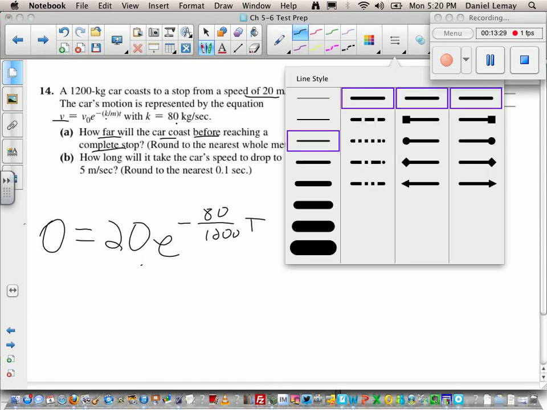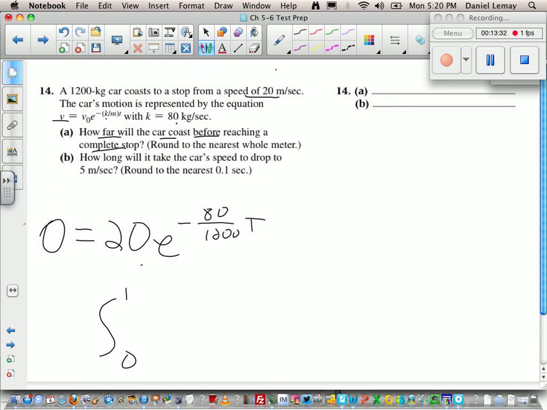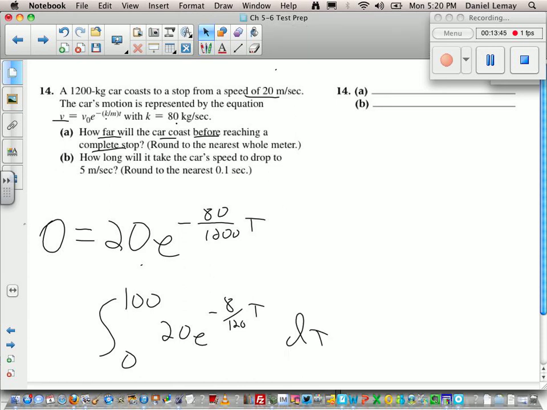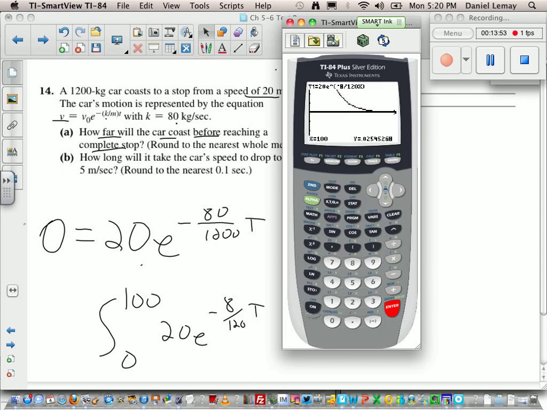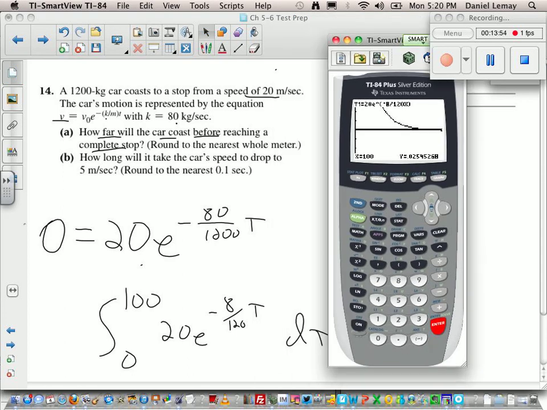So then, since I want to find out how far this particle has traveled, I'm going to take a definite integral from 0 to 100 of that function, 20e to the negative 80 over 1200 t dt, and I don't really want to integrate that by hand. So I'm going to grab my calculator again, and I'm going to use fnInt. I won't do that on the screen because we haven't done that.